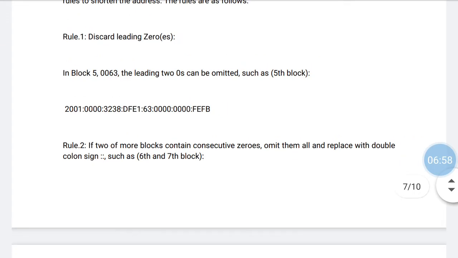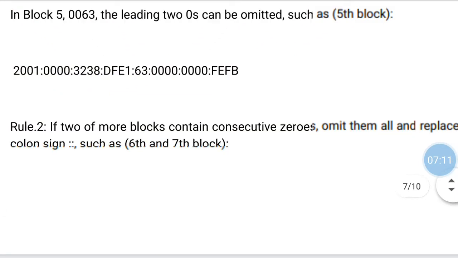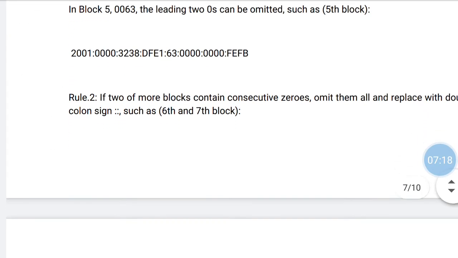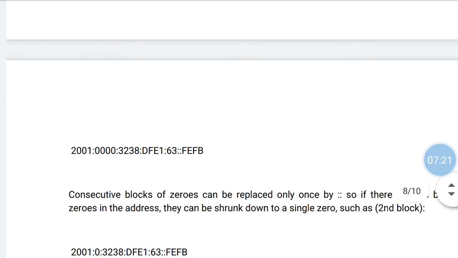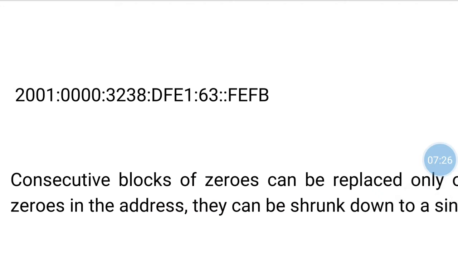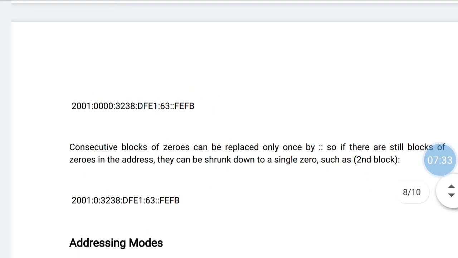Rule number 2: if two or more blocks contain consecutive zeros, omit them all and replace them with a double colon sign, such as blocks 6 and 7. Here in blocks 6 and 7 we can see there are only zeros. So we can omit all the zeros and put the double colon sign. This is another method to shorten the address.